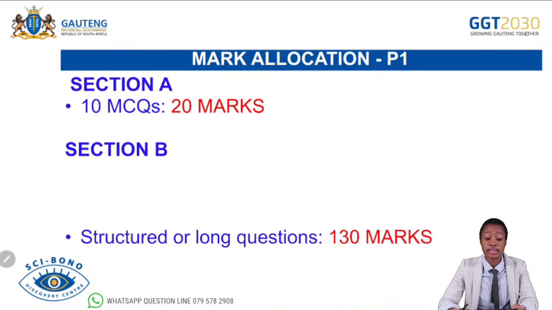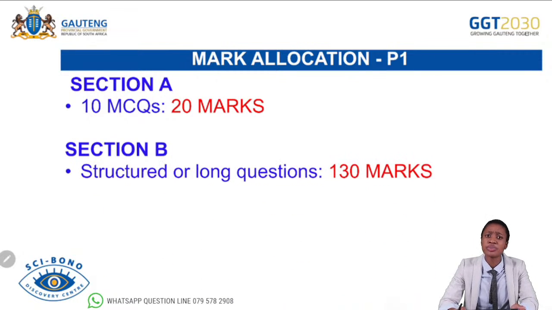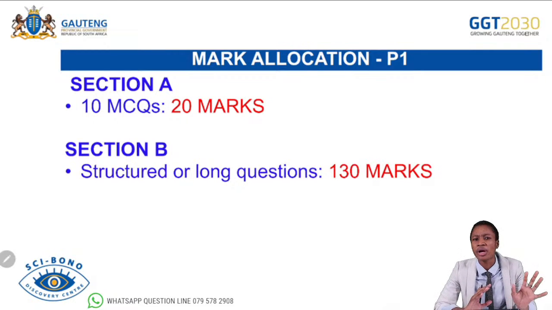The second one is section B. What does section B have? Section B is basically structured or long questions, and they're about 130 marks. Just to go back on the multiple choice, do know that multiple choice will be based on all the knowledge areas and the topics that will be covered.